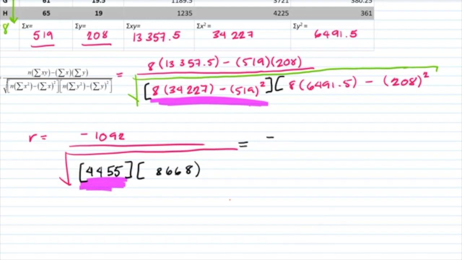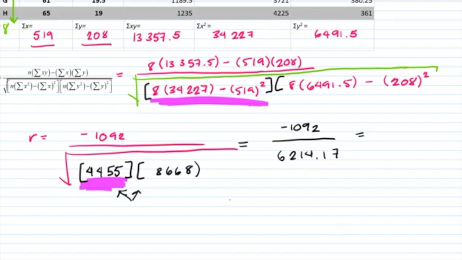After I multiply these two and take the square root, I get 6,214.17.